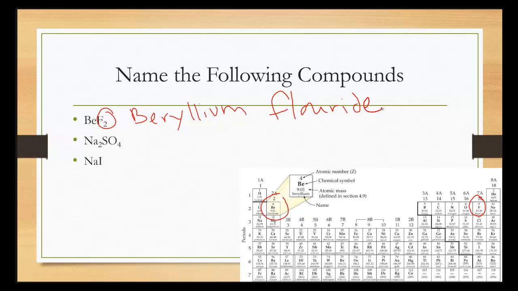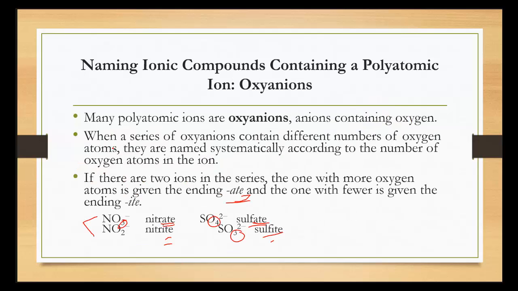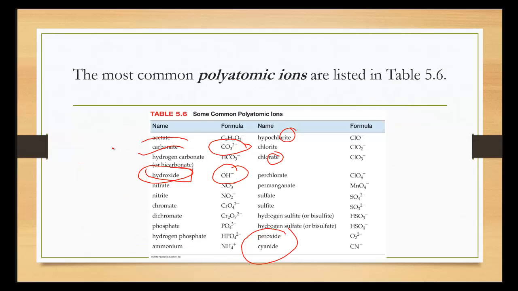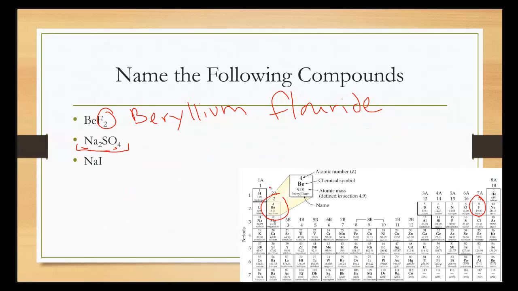Notice I have more than 2 capital letters here. That's a dead giveaway for a polyatomic ion. So we want to look at our polyatomic ion list. SO4 is right here. It's sulfate. So Na is right here, it's sodium, and then sulfate.